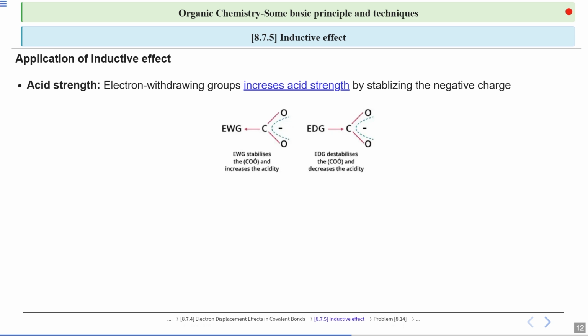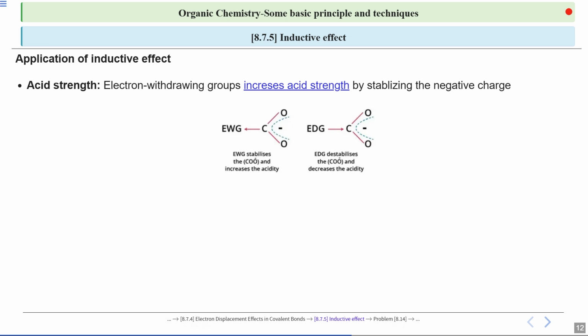Similar to that, if something is having a negative charge and if you attach a group which is donating even more electron onto it, it will act as a burden. Okay, so if you remove the burden, the stability will be higher. If you give more burden, it will destabilize it. Now, can you think of this in scientific terms?